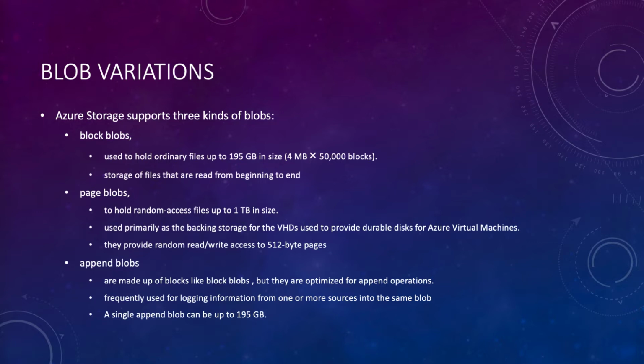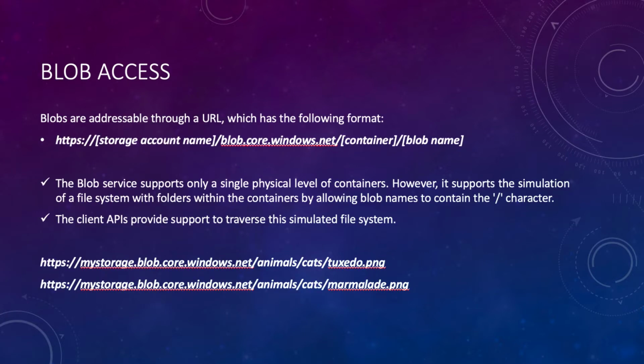A single append blob can be up to 195 gigabytes. So let's review what we looked at. We have block blobs, page blobs, and append blobs, based on the need that you have for each one of these storages.